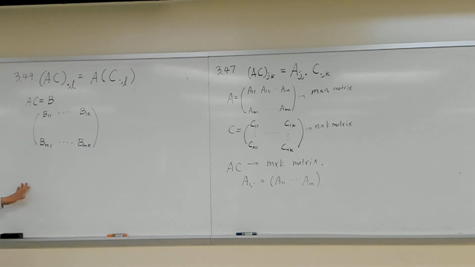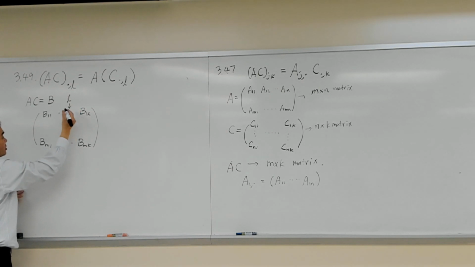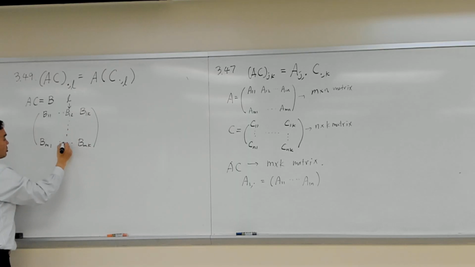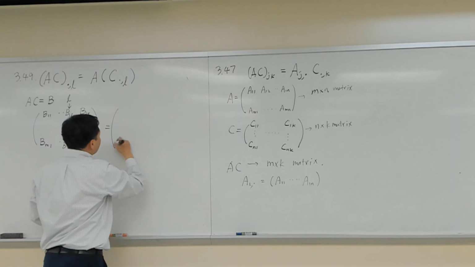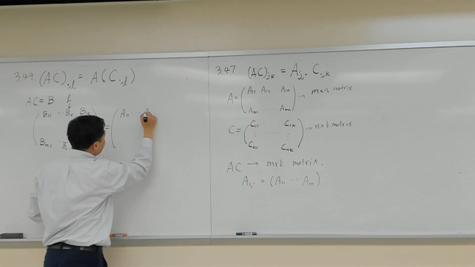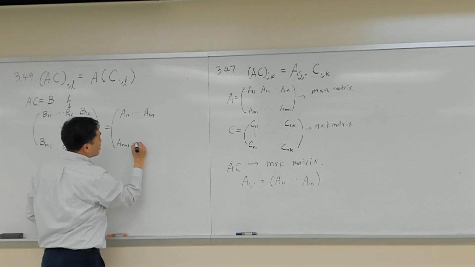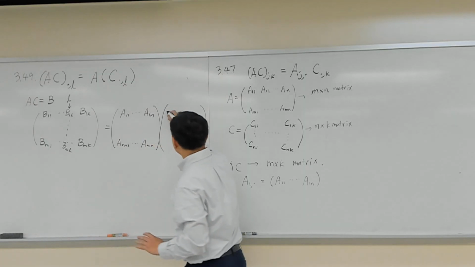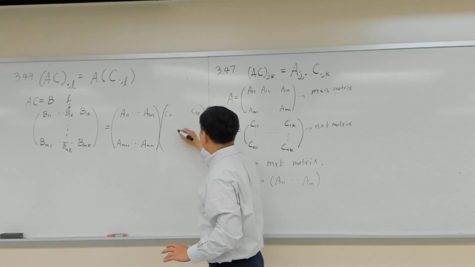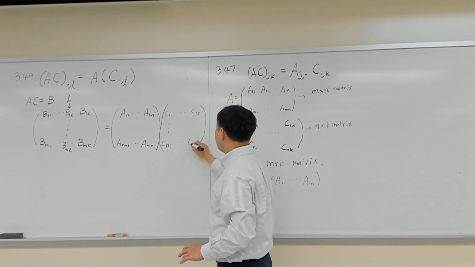So if I look at the lth column, which starts from B1l all the way up till Bml, that's the same as the matrix A, with entries A11 all the way up till A1n, Am1 all the way till Amn, times C, which is C11, C1k, Cn1, Cnk.